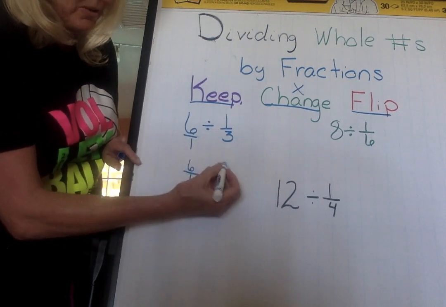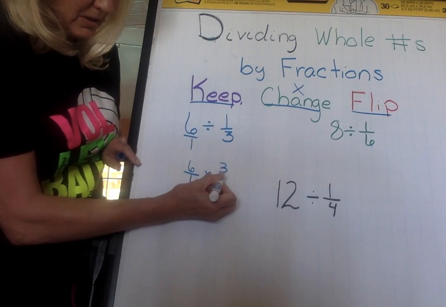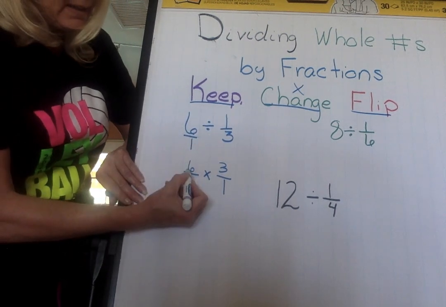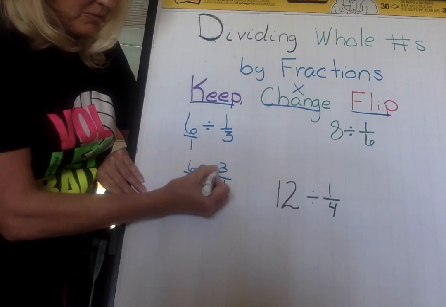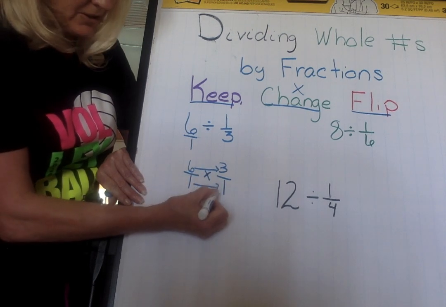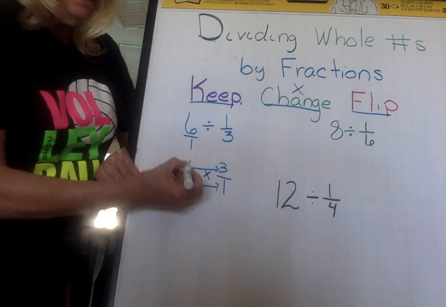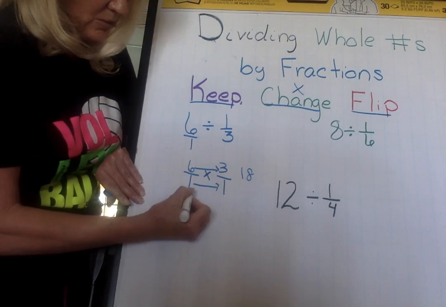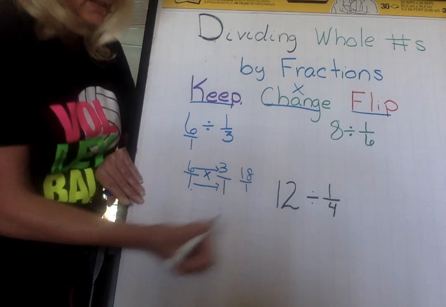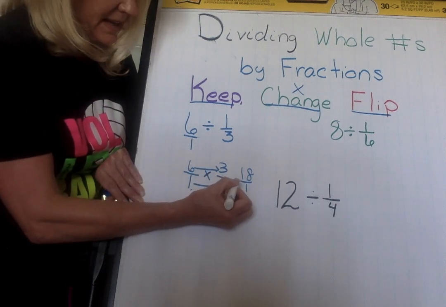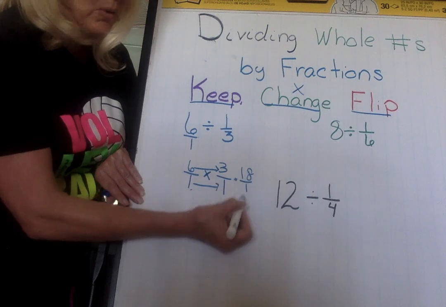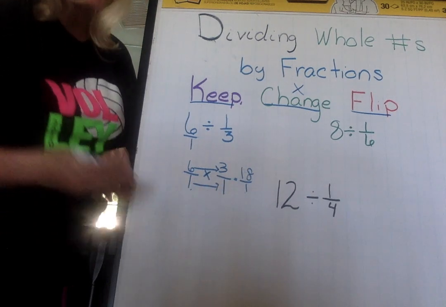So 1/3 becomes 3 over 1. Now I have a multiplication problem. I basically go numerator to numerator and denominator to denominator. 6 times 3 is 18. 1 times 1 is 1. So my quotient in this case is 18, or 18 over 1, equivalent to 18.